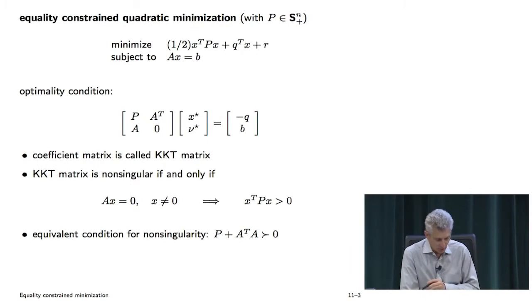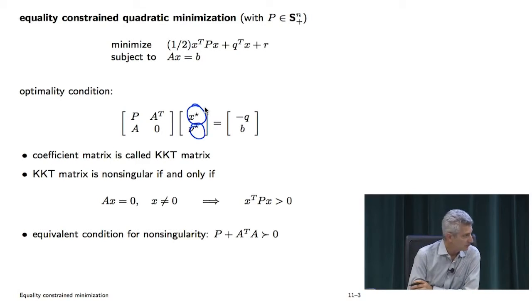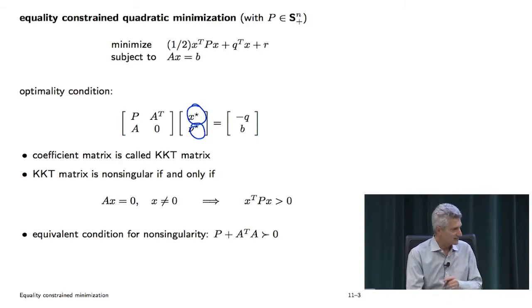We already talked about this: if you want to do equality constrained quadratic minimization, it's linear algebra, and you get something like this. You write the optimality conditions this way, and you're computing both x star and nu star, which is an optimal Lagrange multiplier. By the way, there's some structure here. There's a block of zeros. You can work out a lot about this KKT matrix.